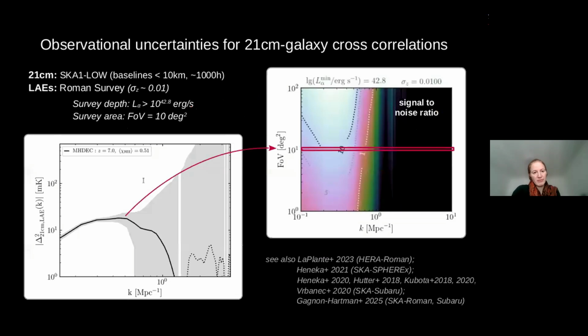Here is a similar plot, where you plot your signal to noise ratio as a function of the field of view. You see very nicely that as your field of view becomes larger, your signal to noise ratio becomes larger, and you can also push slightly to smaller scales.